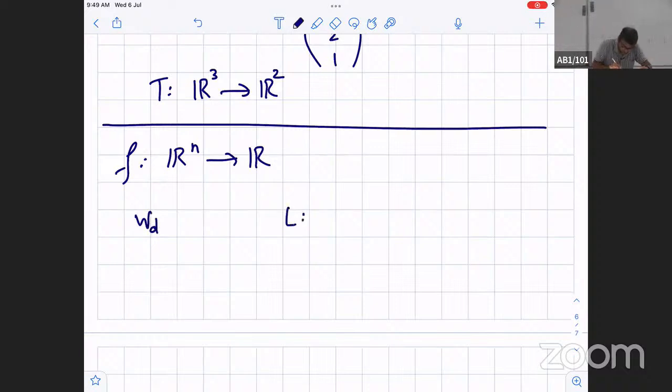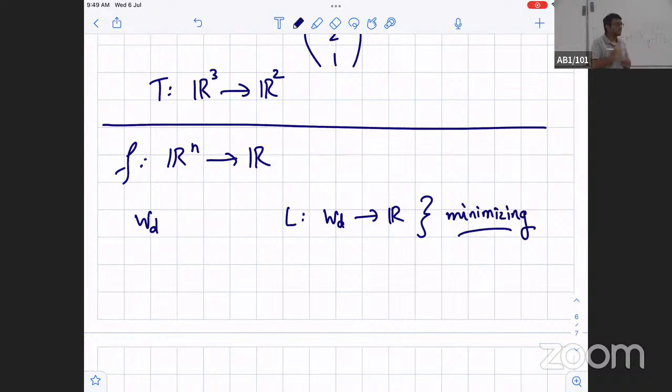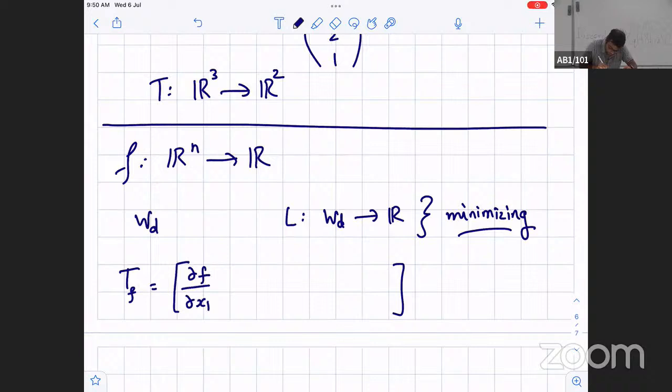You had a loss function which takes from Rd to a number in R, and you were minimizing it. You used gradient descent, so you have already seen how to take the derivative for this. What is that? Partial derivatives. The derivative Df is basically a collection of partial derivatives df by dx1, df by dx2, and so on.